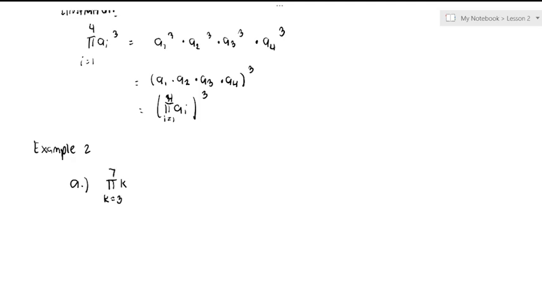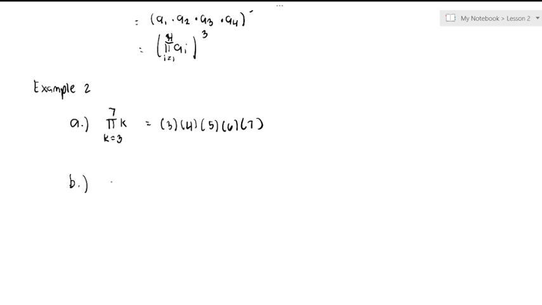So, this time, hindi tayo nag-start sa 1. Nag-start tayo sa 3. Okay, so this is simply 3 times 4 times 5 times 6 times 7. So, i-expand lang natin. Ngayon, kapag kailangan natin ng product, i-multiply nyo lang. Okay? So, next.